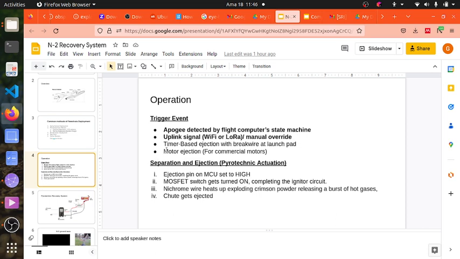So the third one and the fourth one, timer based and motor ejection. We haven't tried these ones. So timer based ejection is where you use a break wire. A break wire is a wire that snaps and it's connected to the electronics and the microcontroller. Due to changes in voltages when the wire breaks, the microcontroller can tell that the rocket has taken off.